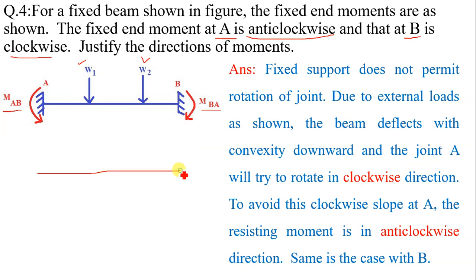The reason is very simple. If we consider a simply supported beam of the same span as the above fixed beam, carrying the same type of loading, W1 and W2, then because of this downward loading, the beam will deflect with convexity downward like this.